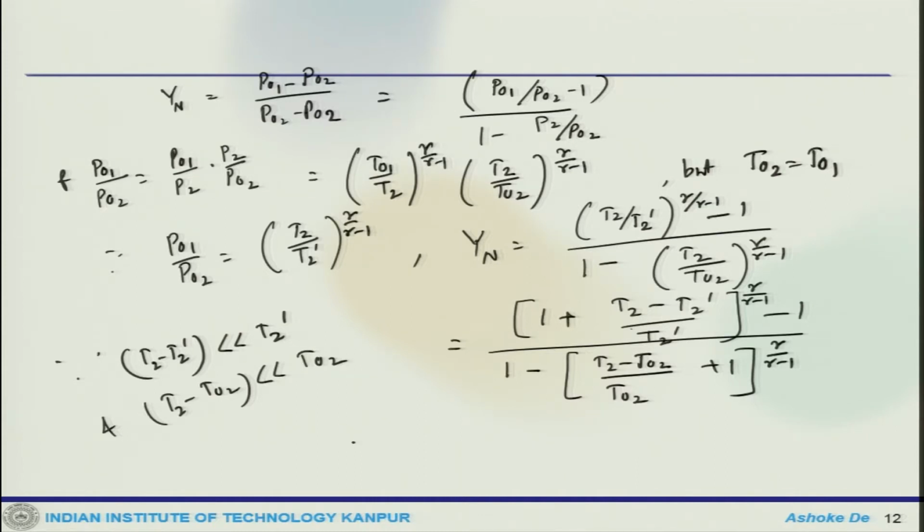So, if that is the case, then the terms inside the bracket can be expanded using binomial expansion, and we can write y n equals T 2 minus T 2 prime by T 2 prime, minus T 2 minus T naught 2 by T naught 2.